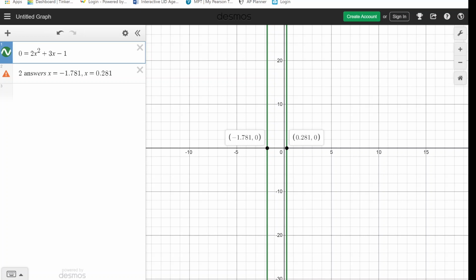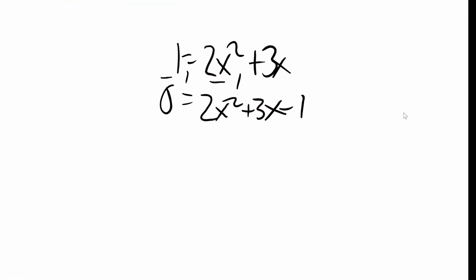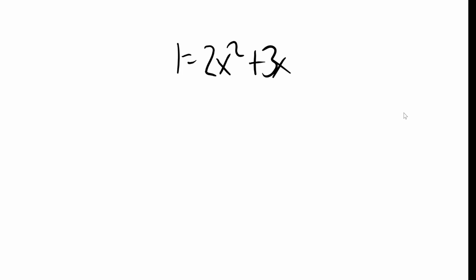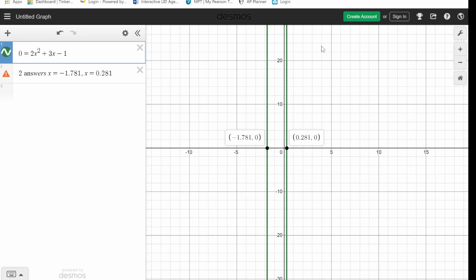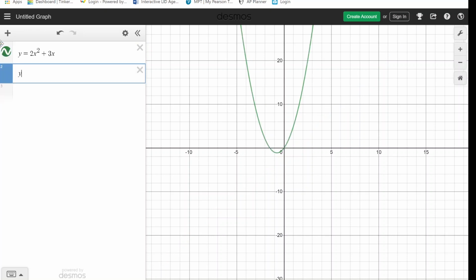If I look back at my equation, what I can do, instead of subtracting 1 from both sides, is just graph each side of this equation in Desmos. So graph 1 and graph 2x squared plus 3x. So the way I do that is I go over here, and I'm going to get the same answer, but I'd say y equals 2x squared plus 3x, and y equals 1.